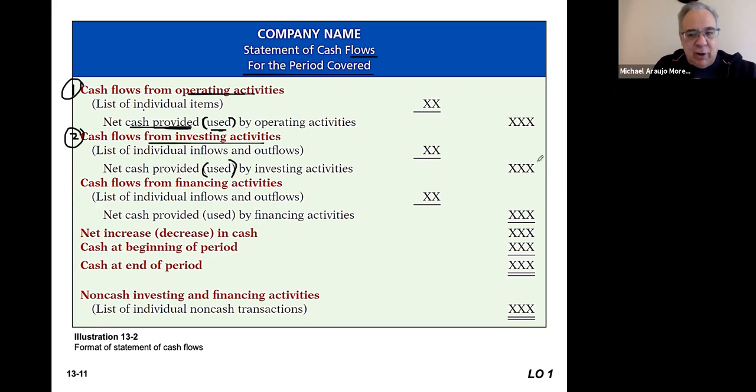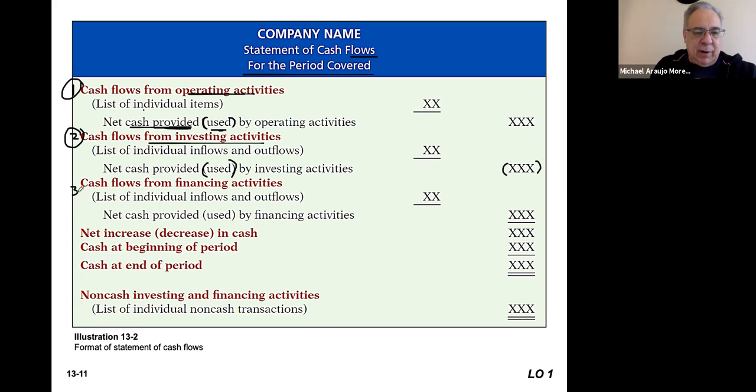And so very often you will see net cash used by investing activities. Now, even though these are in parentheses, there's no positive and negative in a cash flow statement. It's simply cash coming in or cash flowing out. It's either in or out. That's basically it.